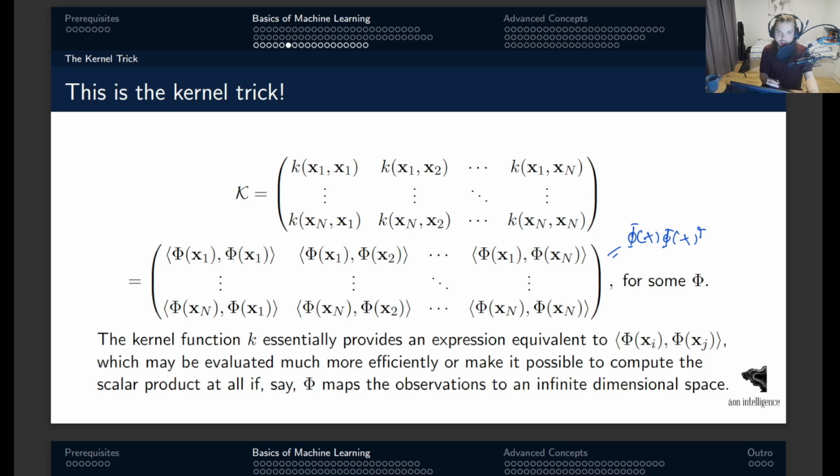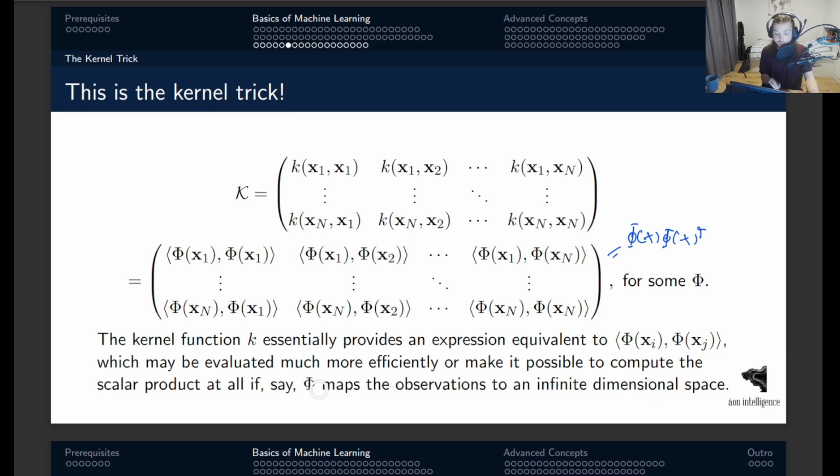Now the kernel trick lies in the fact that this bivariate function k provides an equivalent expression to the inner product of two feature mapped observations for some phi, and it may be that the evaluation of k is much cheaper or even possible as compared to the inner product of two feature mapped observations. And why do I say possible?